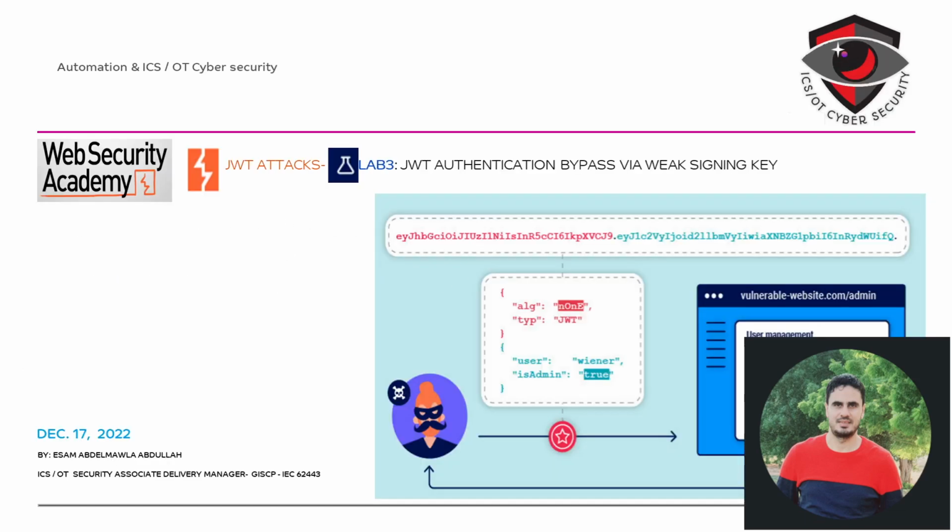This is the third lab from web security on JSON Web Token. Please let me know if you have any query, and I will be more than happy to support and explain it to you. You will be able now to delete the Carlos user and pass the lab.